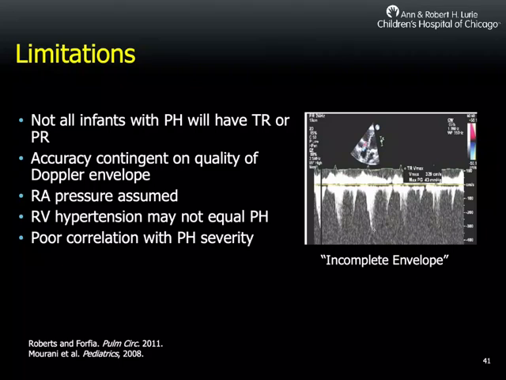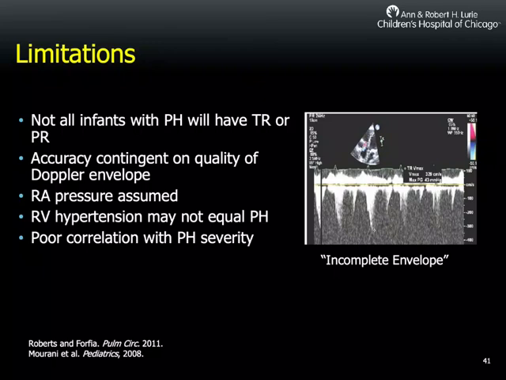It could be anywhere here, but unfortunately we're not able to capture that TR appropriately to know exactly where that peak is. Whenever you see something like this, it's hard for echocardiographers to describe exactly what the TR would be. As well as the accuracy, here we're presuming what the RA pressure is, as it needs to be added on to the right ventricular systolic pressure.